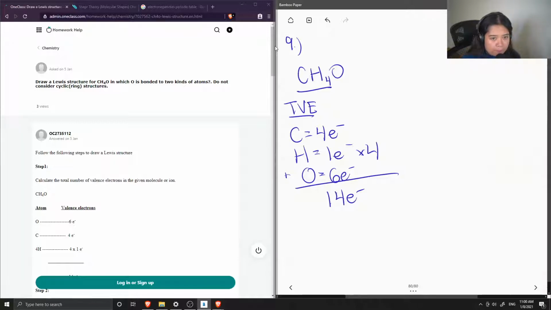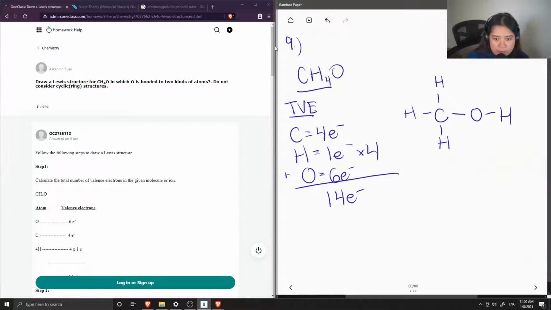electrons. So first, let's draw my carbon, and I'll have it single bonded to 3 of the hydrogens, and another single bond to the oxygen so that it has a full octet. And now the oxygen will also have a single bond to the last hydrogen.